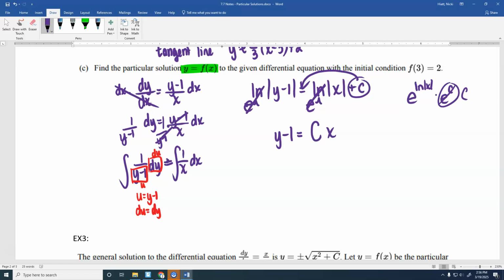Absolute value bars are not necessary anymore because you got that c that could be positive or negative that takes care of it. And so now we just need to add 1, so we get cx plus 1.